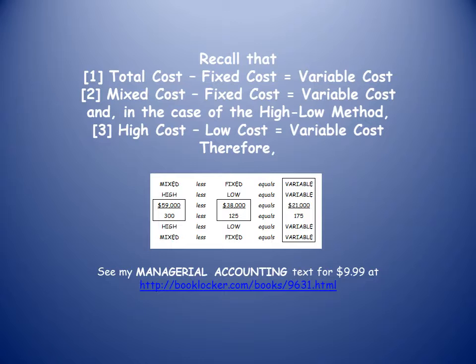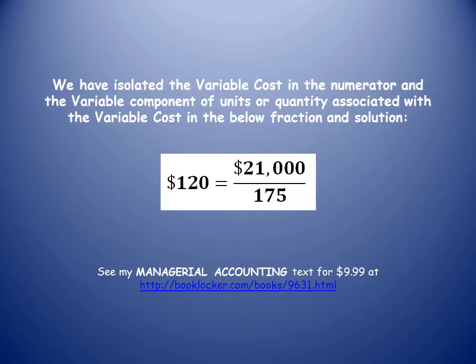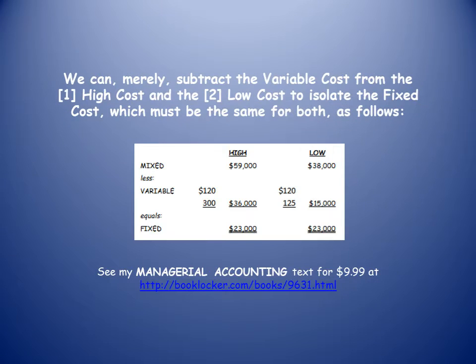The 300 units less the 125 equals 175 units. I have isolated, using the high-low method, the variable cost component. And now I can arrive at a variable cost. The variable cost is $120 per unit sold in this case.